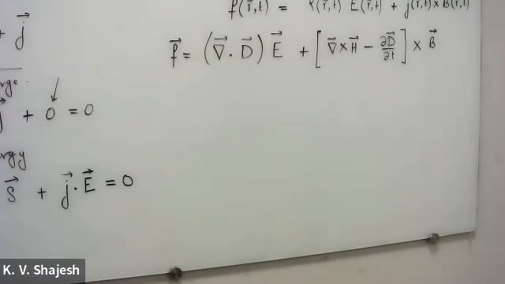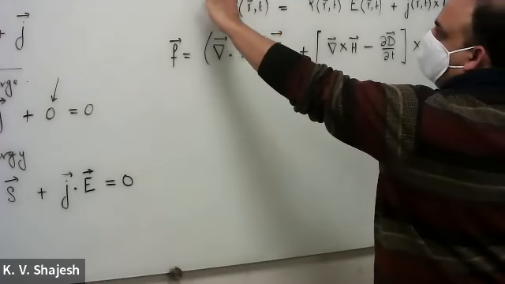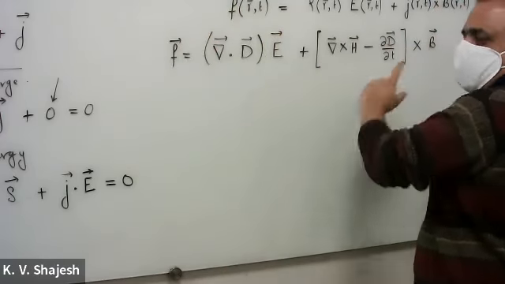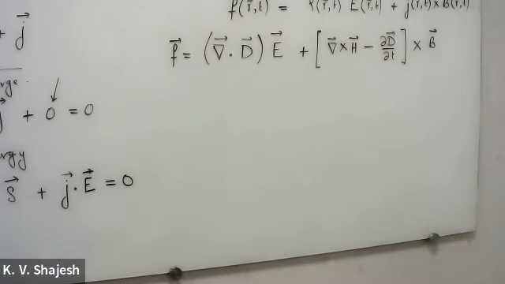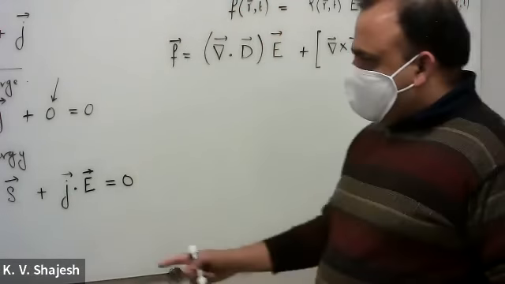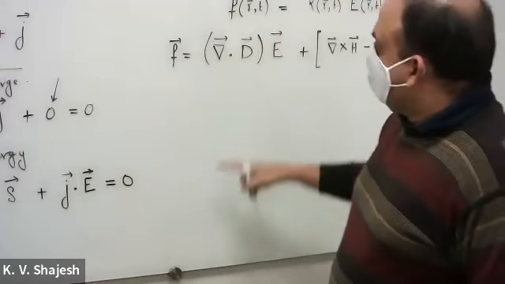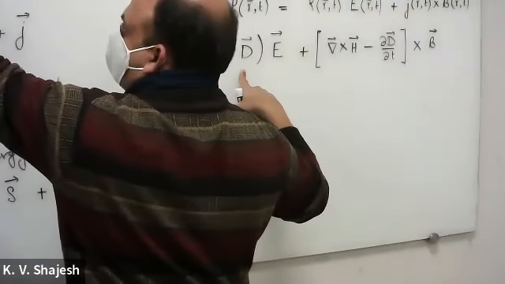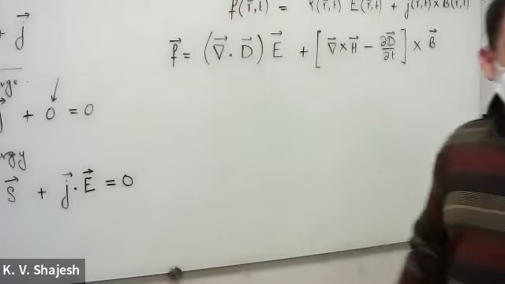Okay. So I started with the force equation, wrote it as a density equation, and replaced all the sources, right? I want it completely in terms of the fields. Then let's play the same trick we did before. If del dot D is equal to rho, I can write a corresponding equation for del dot B because it says 0.